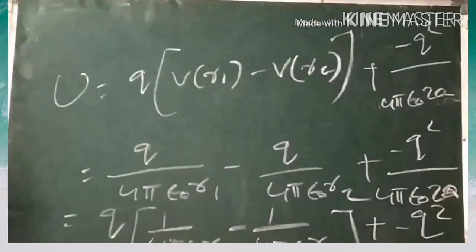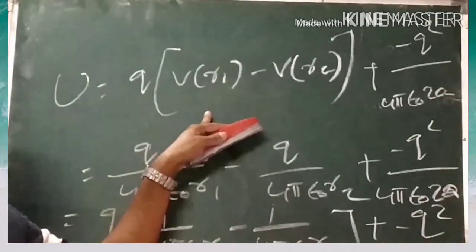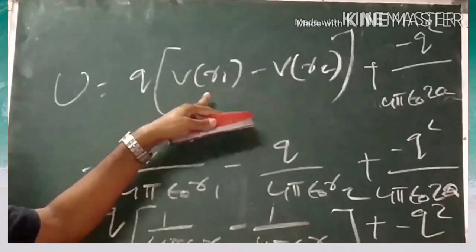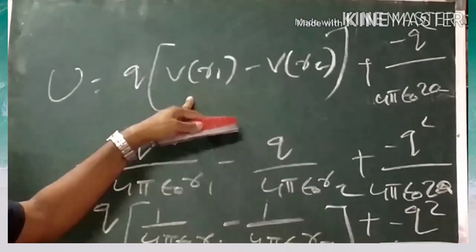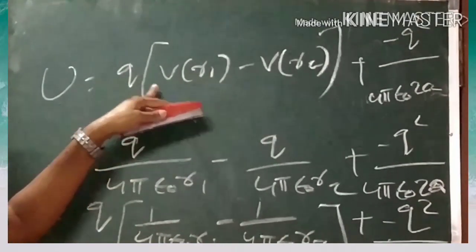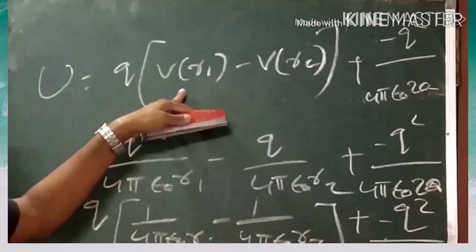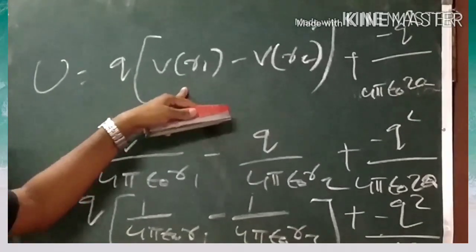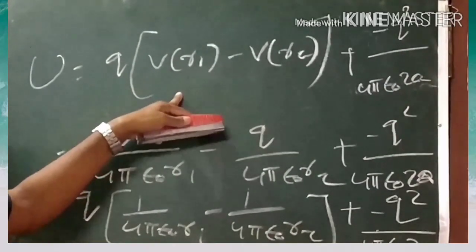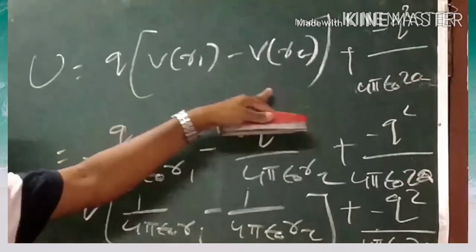Okay, so now we know that the amount of work done in bringing a charge from one point to another point represents the potential. Now we can write down that V of R1 minus V of R2 is the work done. And again we know that the displacement due to the force is parallel to 2a cos theta.